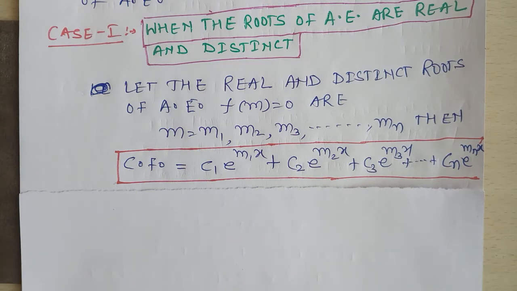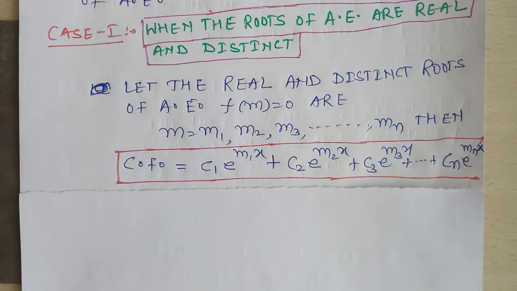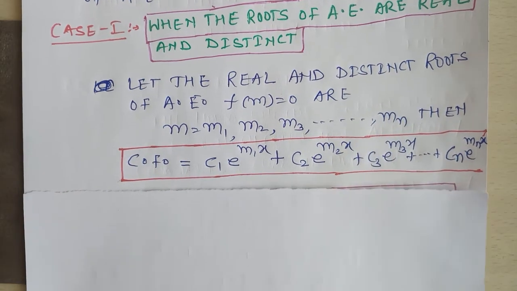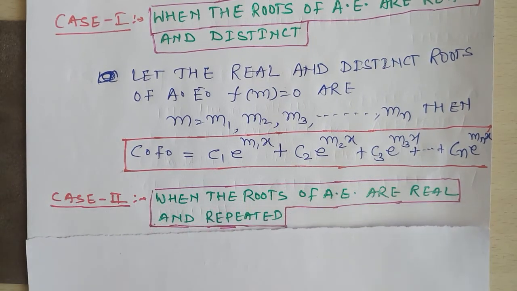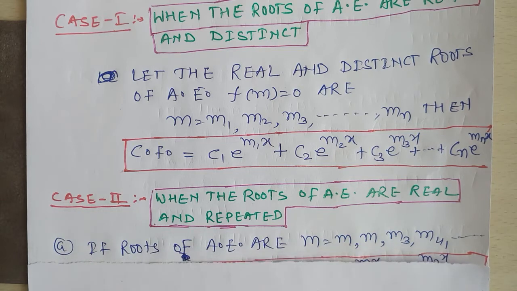Now case second, when the roots of the auxiliary equation are real but repeated. Suppose the roots are m, m, m3, m4 and so on. Here the roots are real but two roots repeat with the same value.